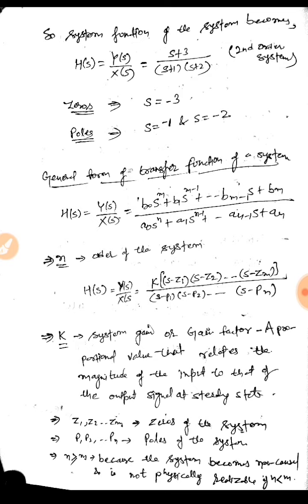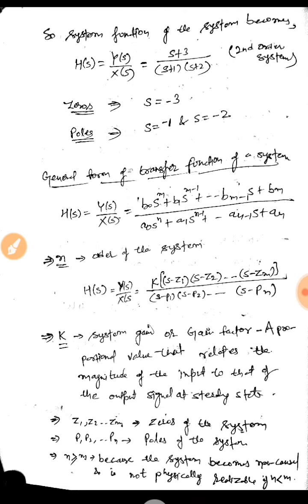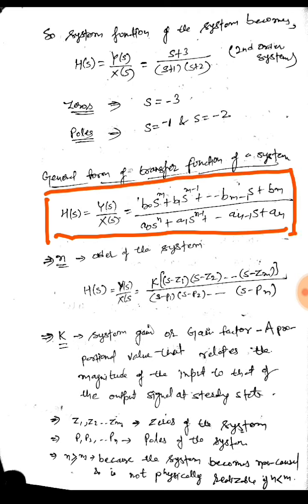Okay, so now let's see the general form of a transfer function. So this is the generalized form of a transfer function, in which we have a numerator and a denominator both in terms of s. If it is the Laplace, we can have it also in the Fourier transform as well. So it will be b naught s raised to power m plus b1 s raised to power m minus 1.